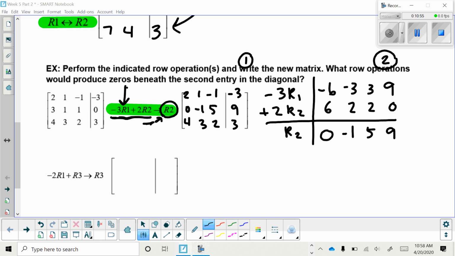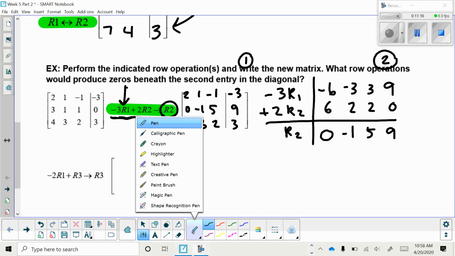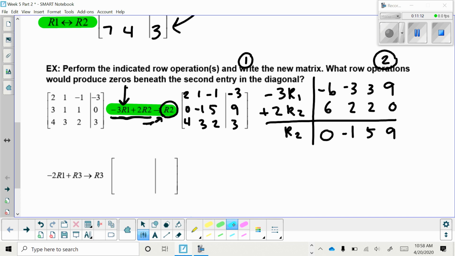And now that we've done that math, I kind of want to backtrack a little bit and just pretend like we were thinking about this from the beginning before doing any work. What we just did effectively was eliminate. We used these two numbers, 2 and 3, which, by the way, represent x's.